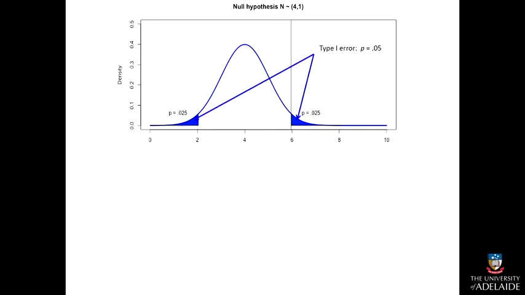Now, when we sample from the population, we don't really know what the effect in the population is, because if we did, we wouldn't bother doing any of this.